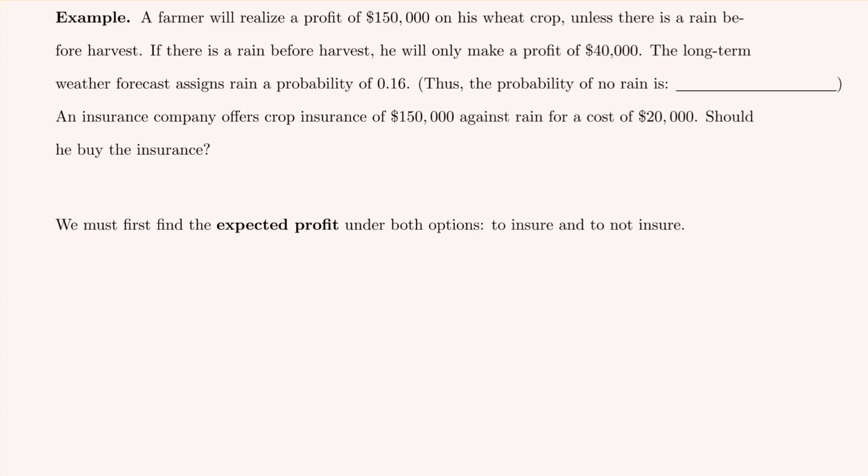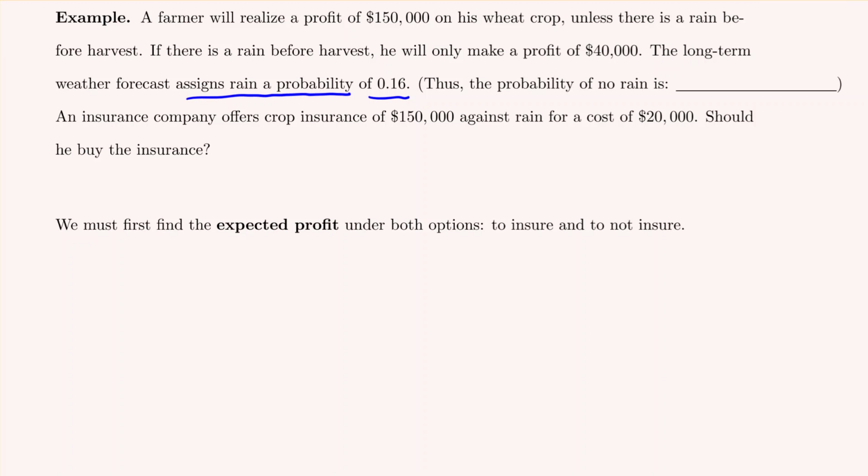So if there is rain, that affects his yield, and then he can only make $40,000 in profit of the wheat crop. So the long-term weather forecast assigns a rain probability of 0.16. So the probability that it will rain is 0.16.